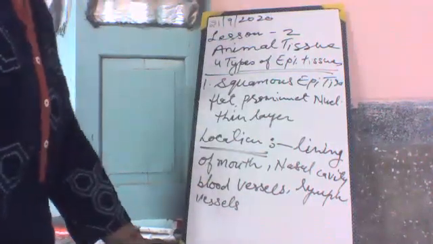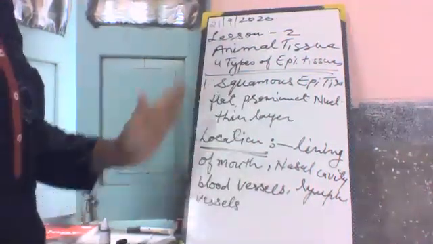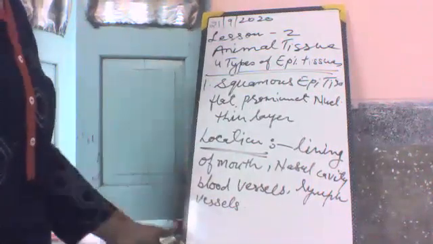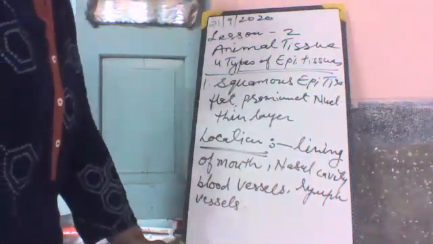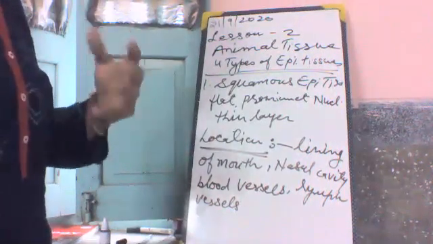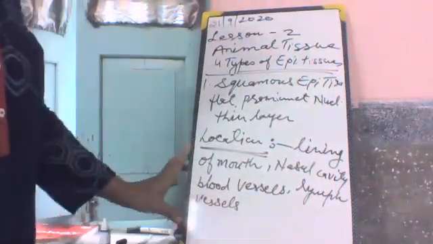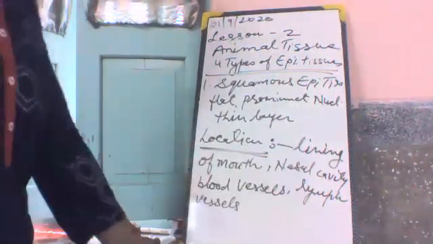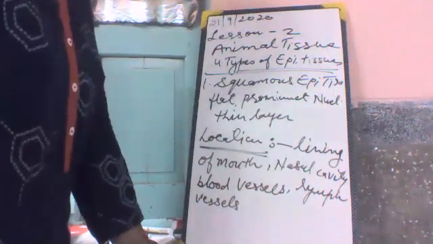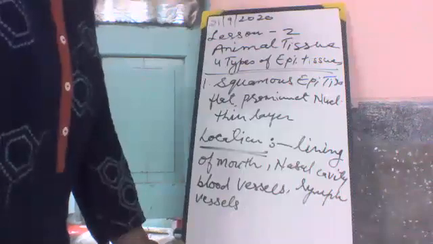Then what is the function? As they provide lining over a cavity, they protect that part from mechanical injury. When we eat something hard, this lining protects our mouth from injury, and protects us from germs and harmful chemicals.